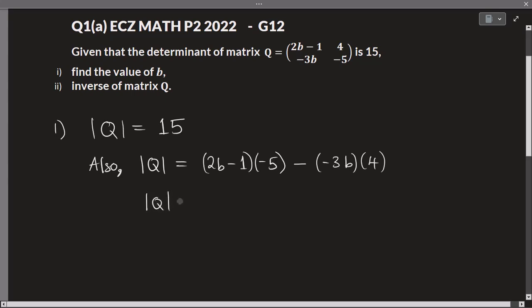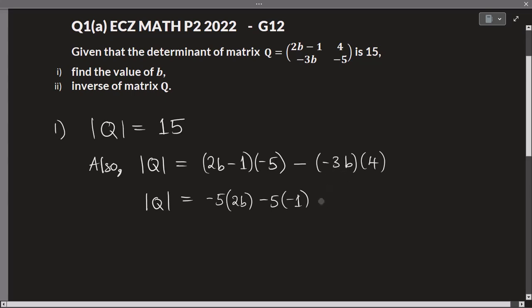If we work this out a little more with algebra, we can know that this 5 is going to be distributed, or when we're expanding, this 5 will multiply by each of the elements here. So we have a -5 multiplied by a 2b. We also have a -5 multiplied by a -1.